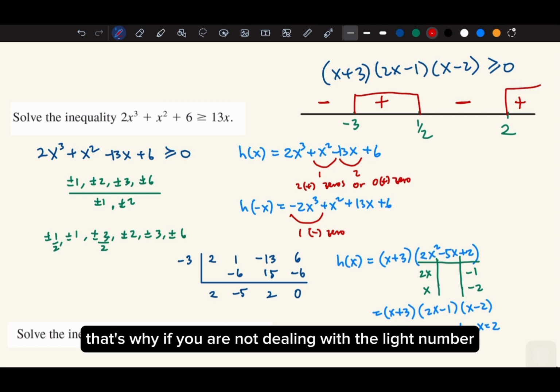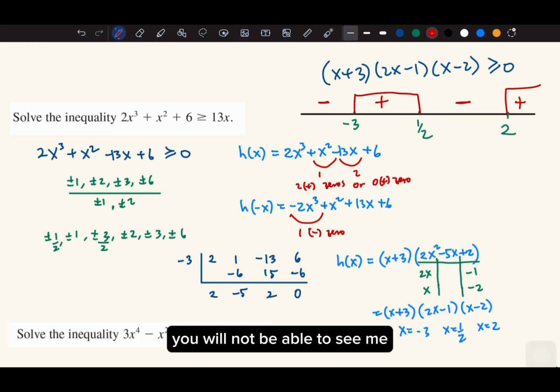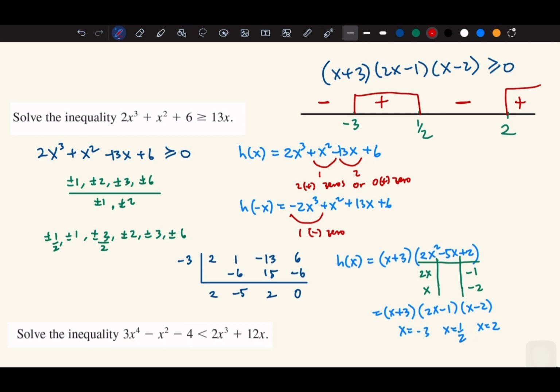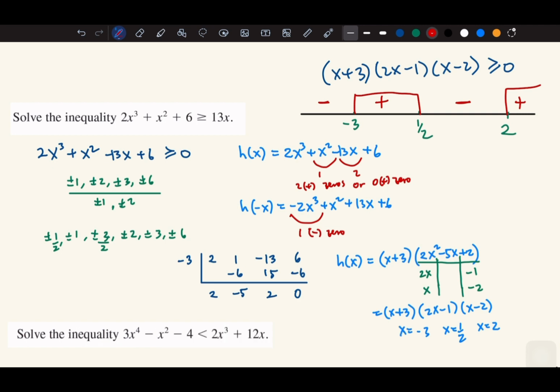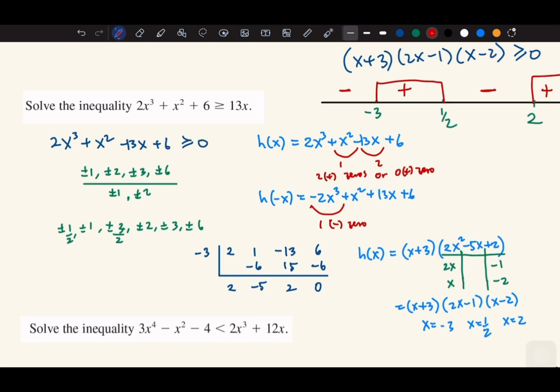I put all the tricks in the equation, so if you are not dealing with the line number, you will not be able to see the interval. I deliberately did that to you. Okay. So I hope it's interesting.